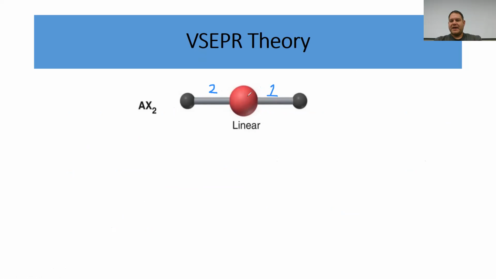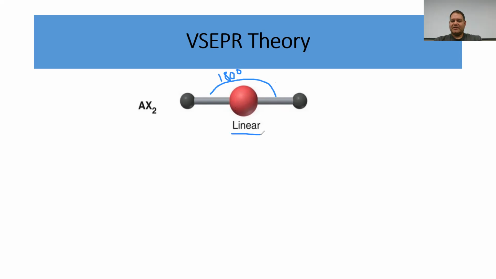So what is the maximum angle that those 2 domains could get away from each other? Well, 180 degrees. This angle right here from this bond to this bond is going to be 180 degrees. As a result, it's going to get us a linear shape.